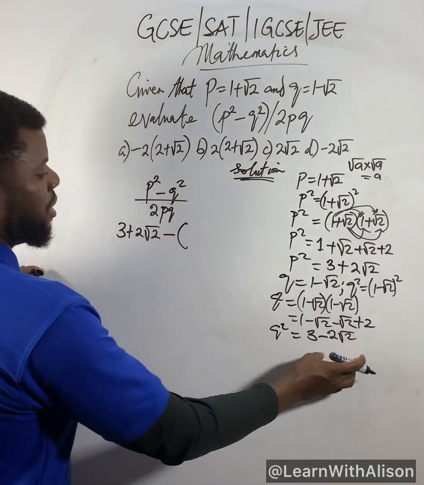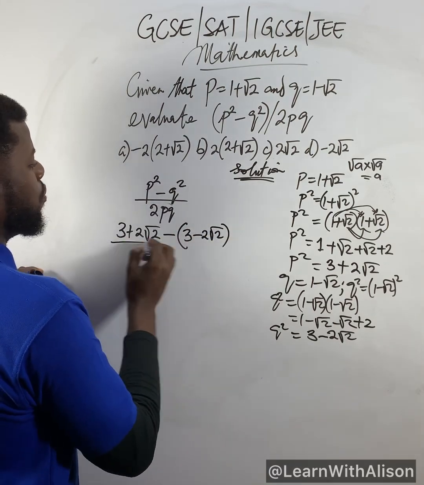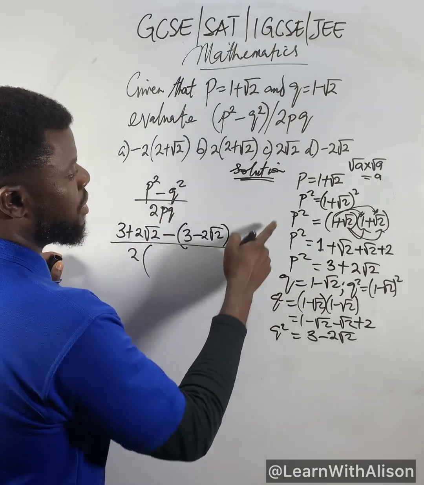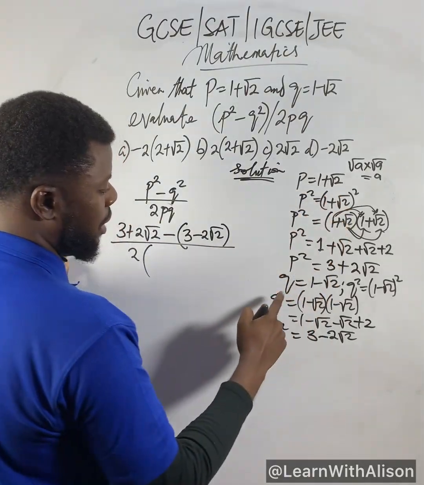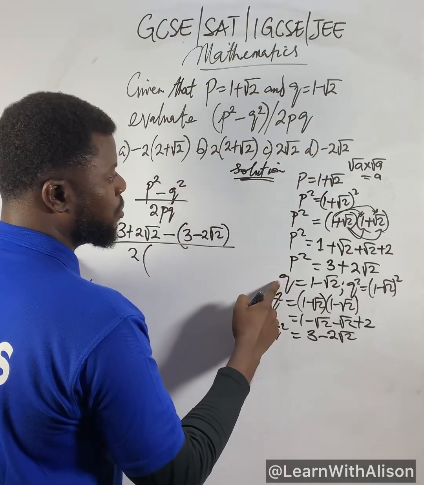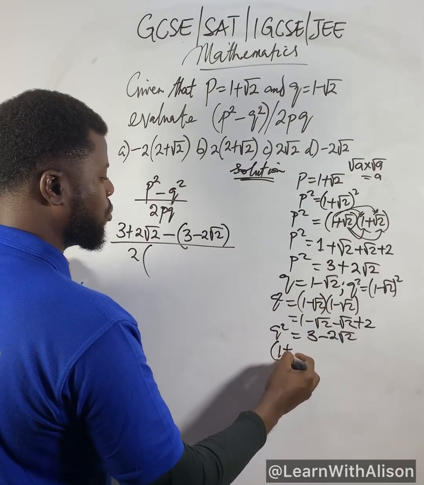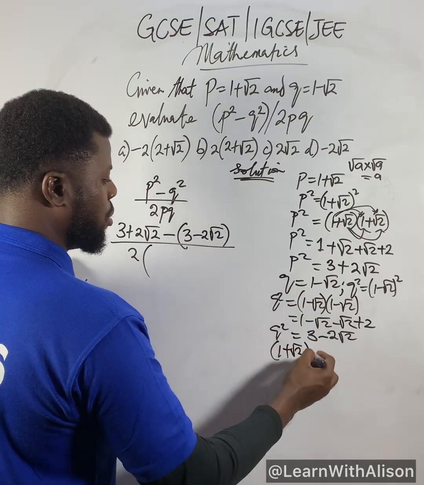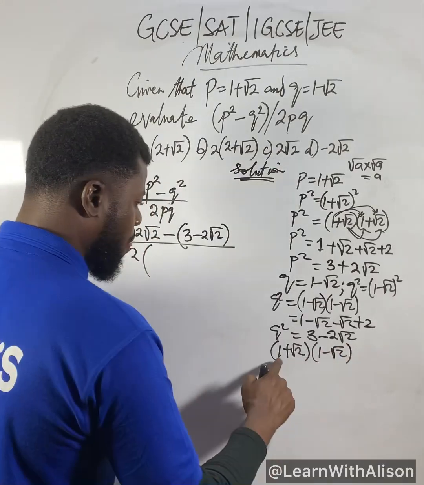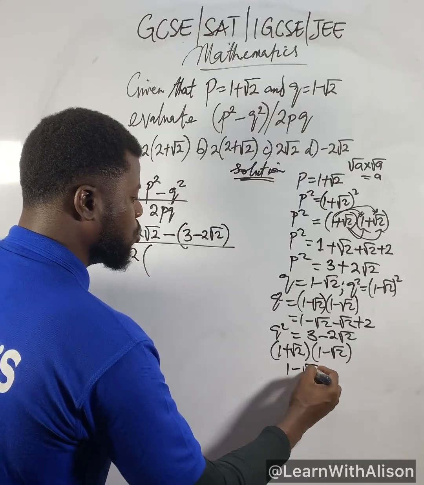So put the value here. We have 3 minus 2 root 2 over 2 multiplied by PQ. We've not done that. Since P gives us this and Q gives us this, PQ means P multiplied by Q. That means we multiply this by this. Let's do that right away. 1 plus root 2 into 1 minus root 2. Let's multiply this out. 1 by 1 will give us 1. 1 multiplied by minus root 2 will give us minus root 2.